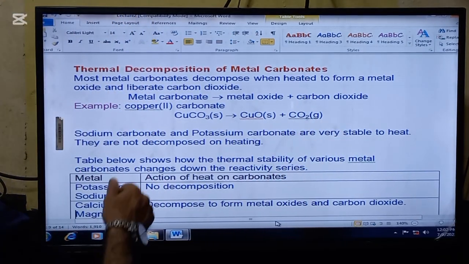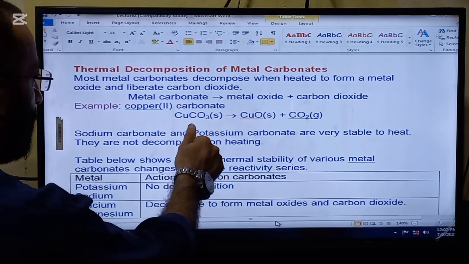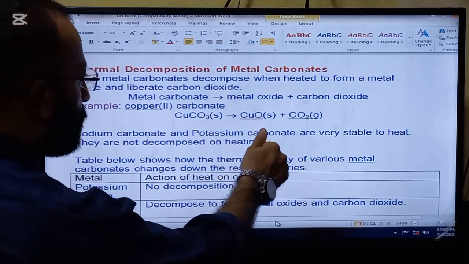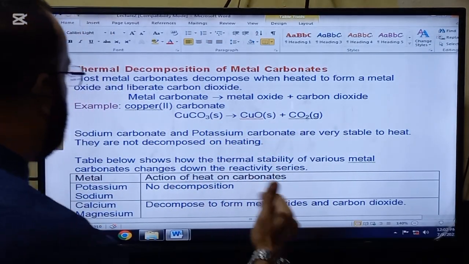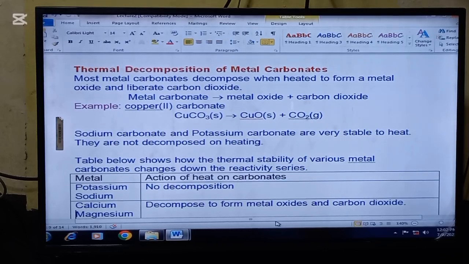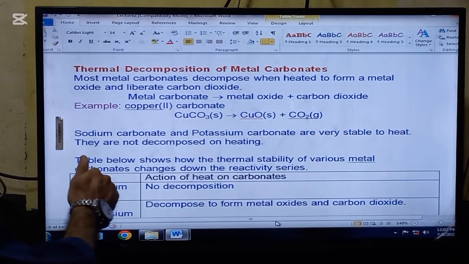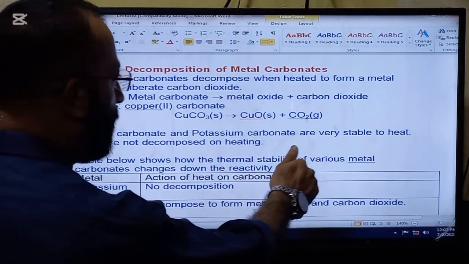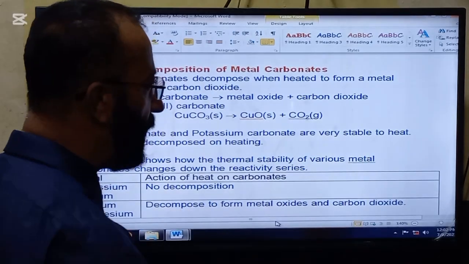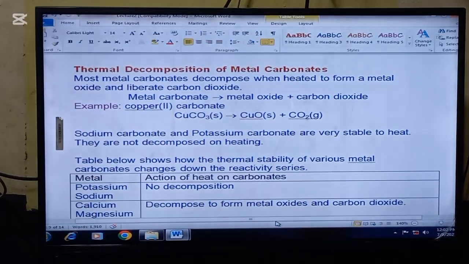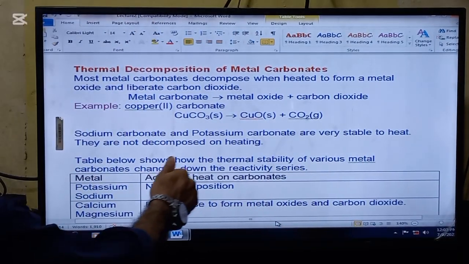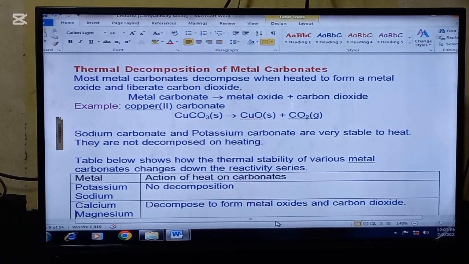An example is copper carbonate when decomposed. So copper oxide and carbon dioxide will be formed. Point to be noted, sodium carbonate and potassium carbonate are very stable to heat. They are not decomposed on heating.